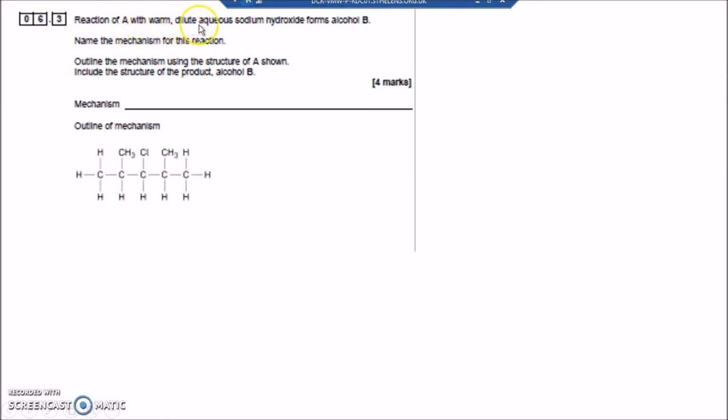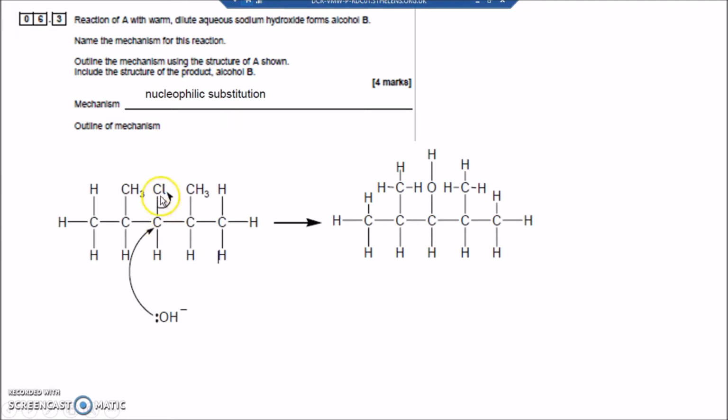A reaction with warm dilute aqueous sodium hydroxide. Aqueous means water. So sodium hydroxide in water, what actually happens is you get nucleophilic substitution. The mechanism is that this C to Cl bond is polar. The Cl is electronegative so it gets a slight delta minus charge, and the C gets a slight delta plus charge.